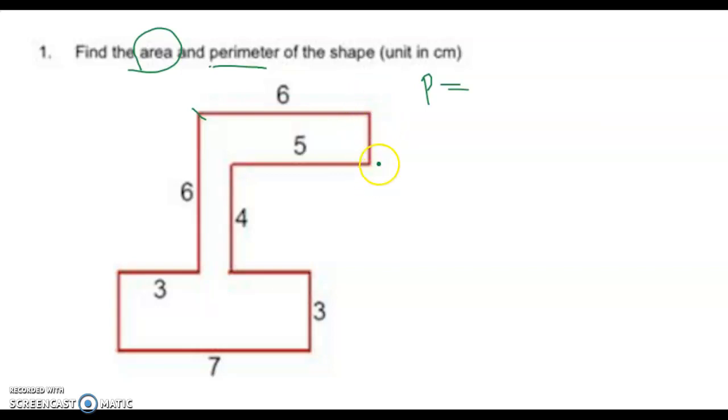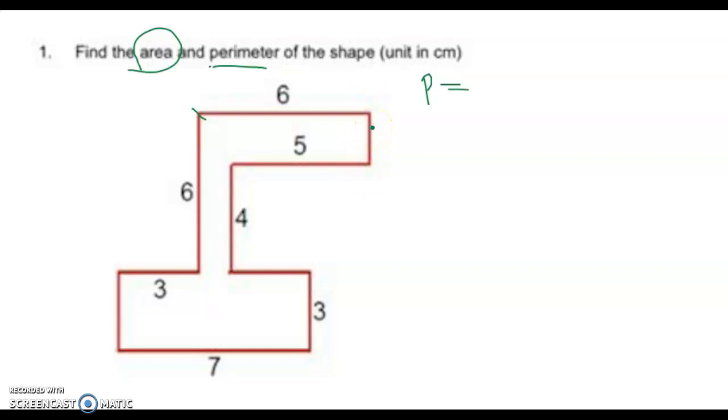When you want to find a vertical side, you have to compare it with the vertical sides given. Normally, one of the vertical sides opposite to it will have a hint to find out the not given side. For example, this side. So 6 is given. So definitely this vertical length can help us find this not given side, right?